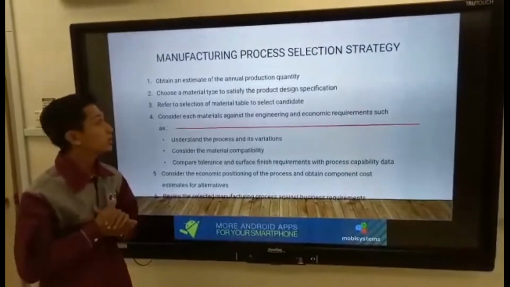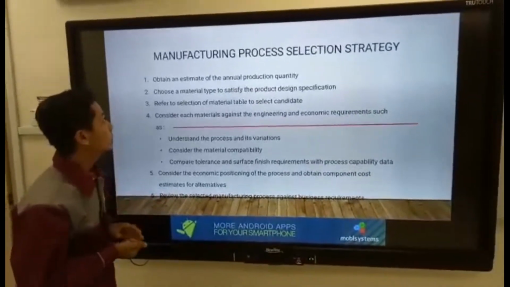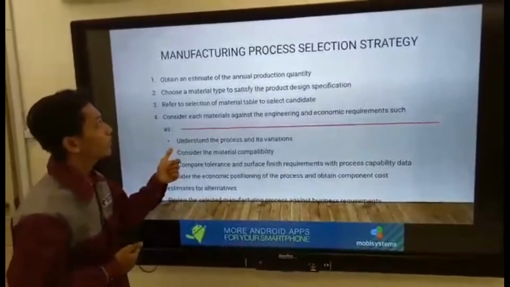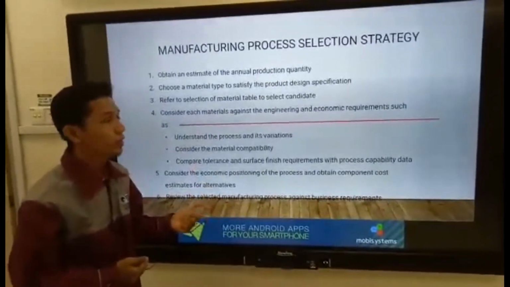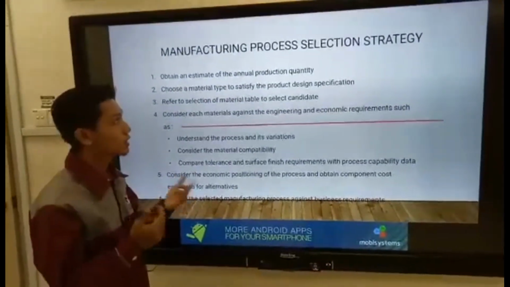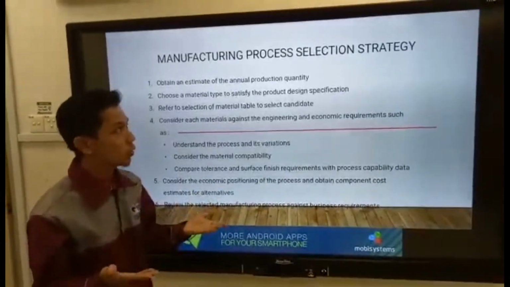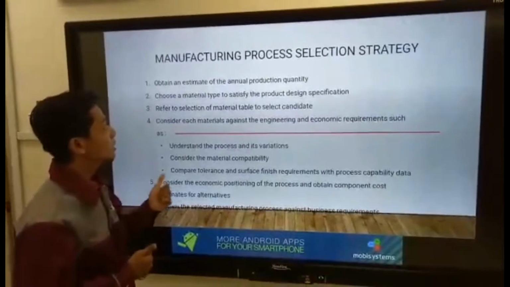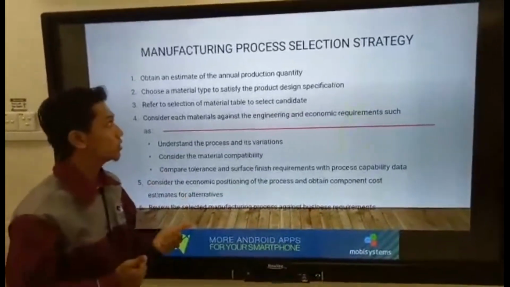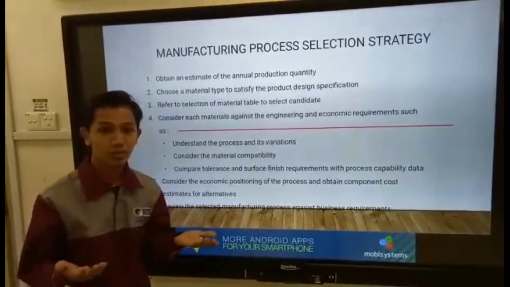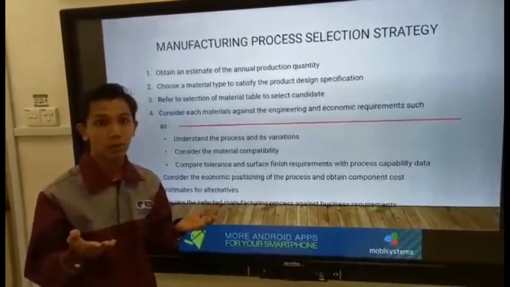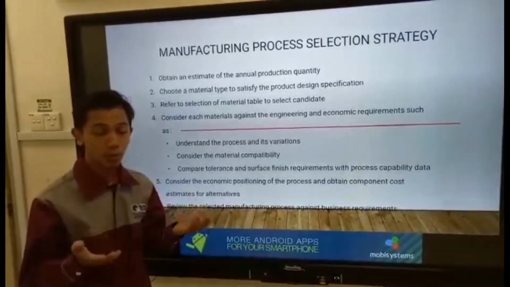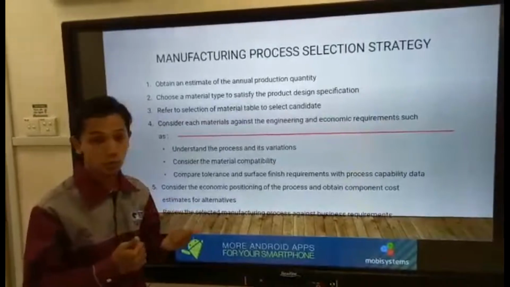Okay, for the manufacturing process selection strategy, first we have to obtain the estimate of the annual production quantity, which means we have to estimate the production quantity that we want to make. Number 2 is choose the material type to satisfy the product design specification. The material type that we will use is polypropylene to make foam rolls.